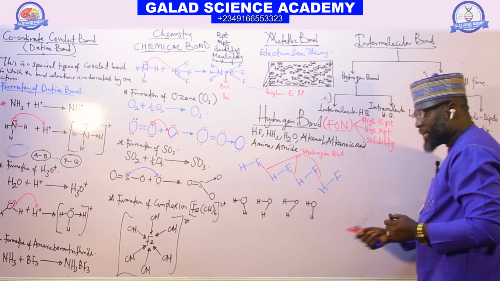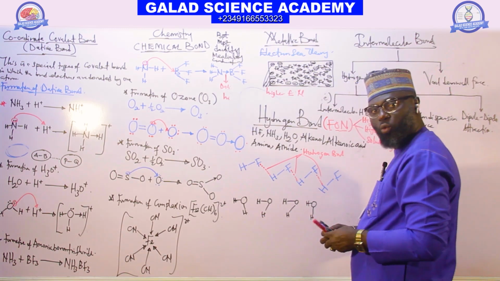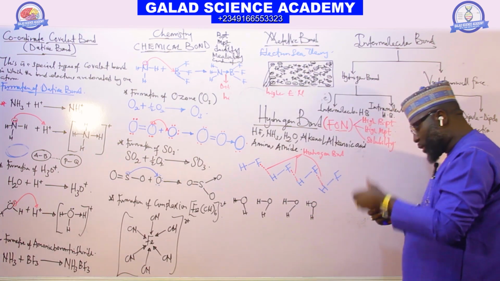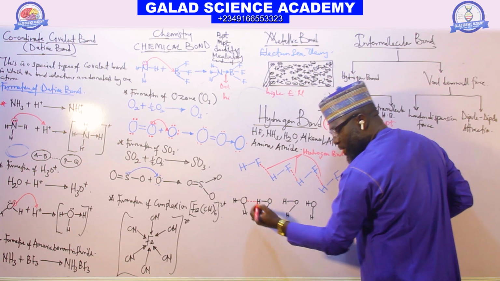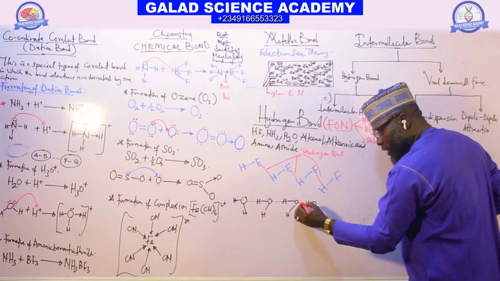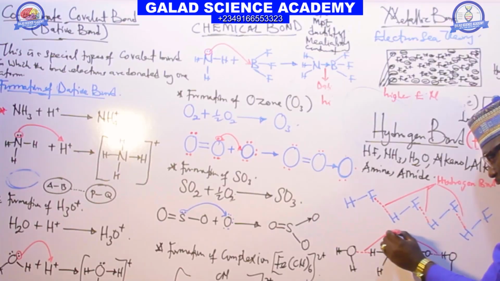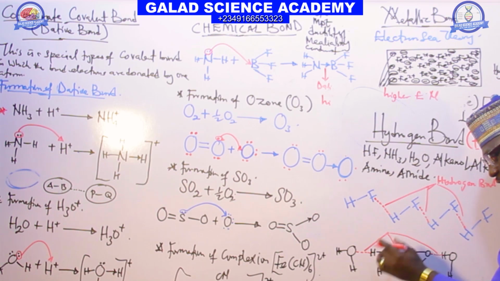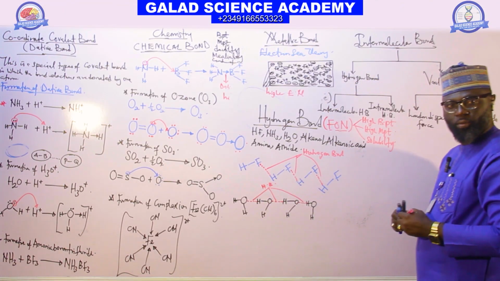This is a water molecule. So here now, we can join these together. The bond here between hydrogen and oxygen is called a hydrogen bond.